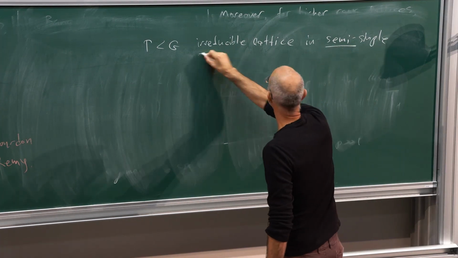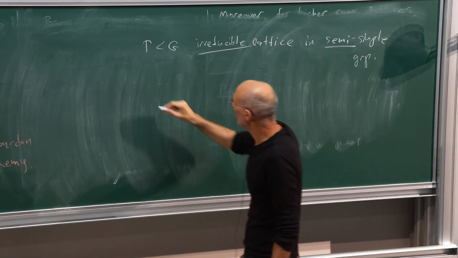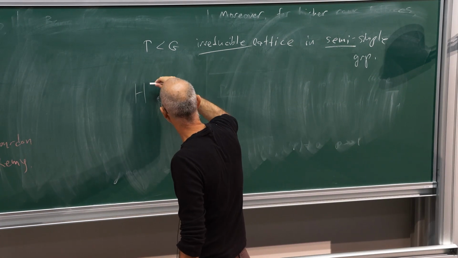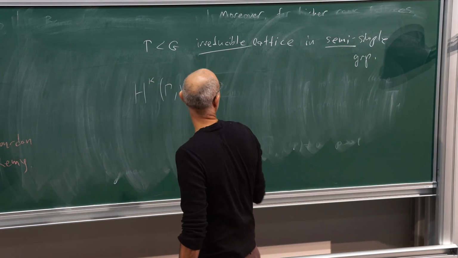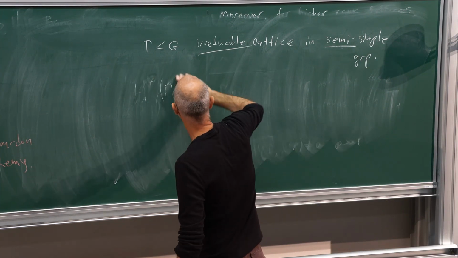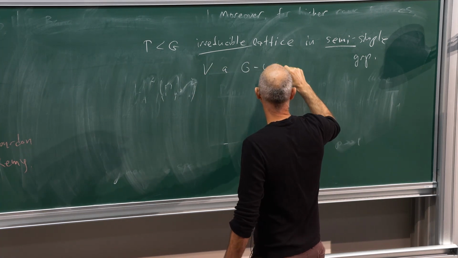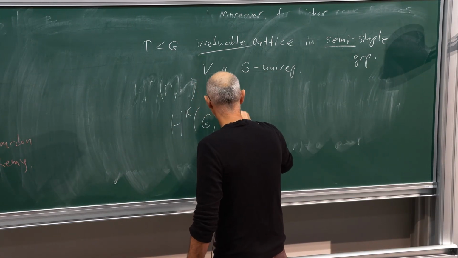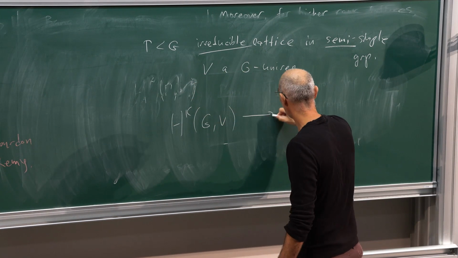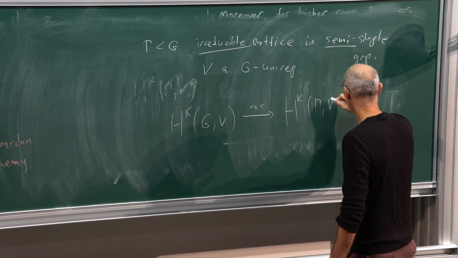So now this is a semi-simple group, and I know now that, let me take V a G-representation, and I can look at H^k(G,V) and restrict to H^k(Γ,V).